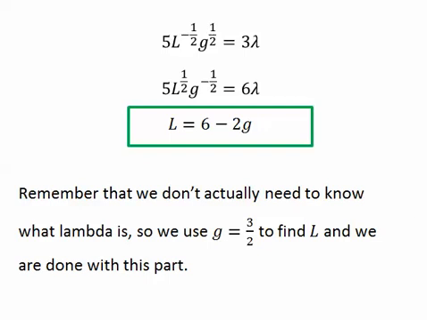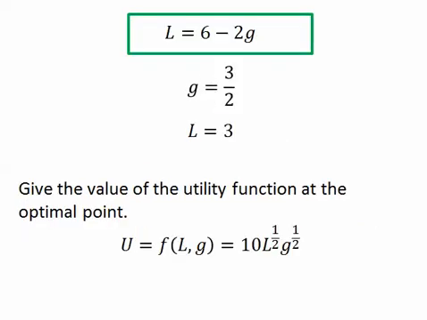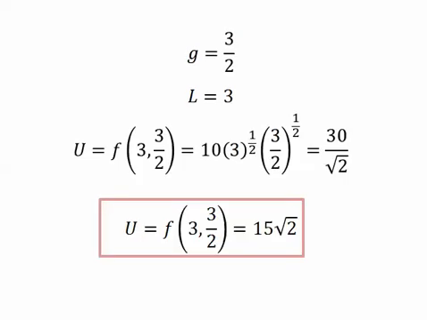I have found that g equals 3/2, and what's L? So when g equals 3/2, L equals 3, and I'm now ready to give the value of the utility function at the optimal point. The utility function at that optimal point is 15 radical 2.